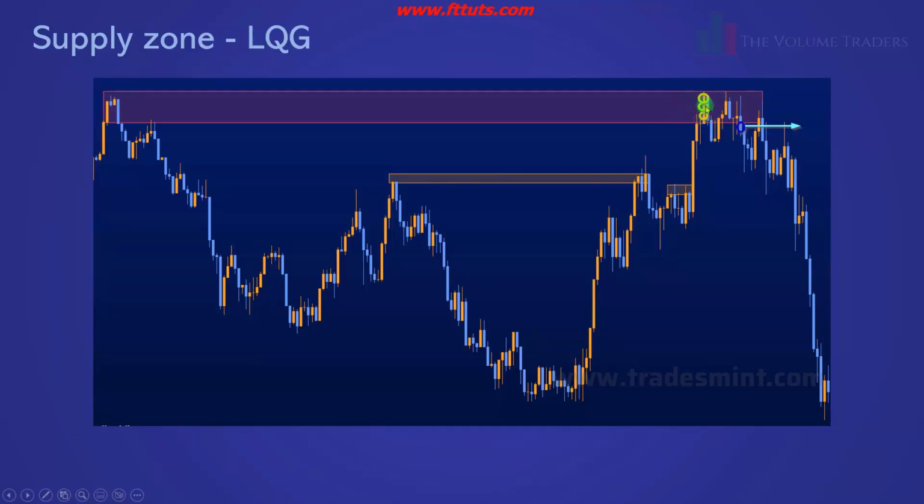There are all the imbalances from the liquidity grab. Here were stacked imbalances. I would enter aggressively after the closure of the candle which broke everything, and set my stop loss above the candle which I think is the final liquidity grab.